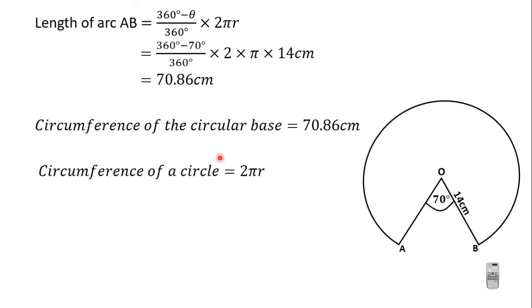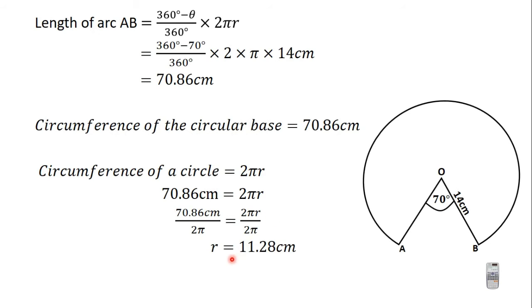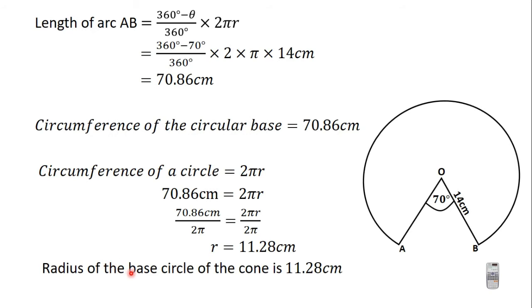We know that the circumference of a circle is equal to 2 pi r. So 70.86 centimeters is equal to 2 pi r. To find r, we divide both sides by 2 pi, and r is equal to 11.28 centimeters. That means that the radius of the base circle of the cone is 11.28 centimeters.